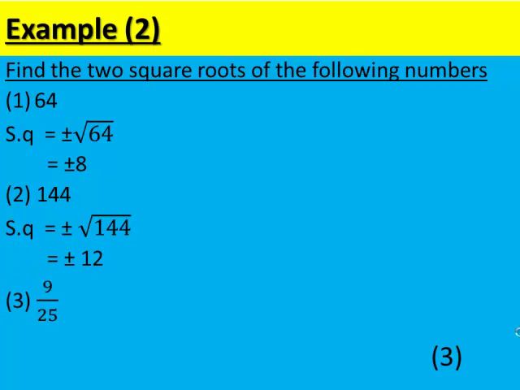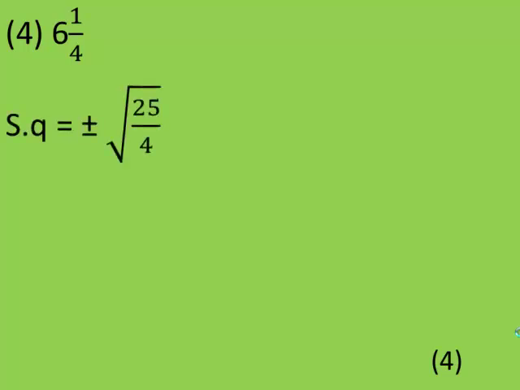Number 3, the square root of 9 over 25 equals positive or negative square root of 9 over 25, which equals positive or negative 3 over 5. Number 4, mixed number 6 1 over 4, square root equals positive or negative square root of 25 over 4, which equals positive or negative 5 over 2.